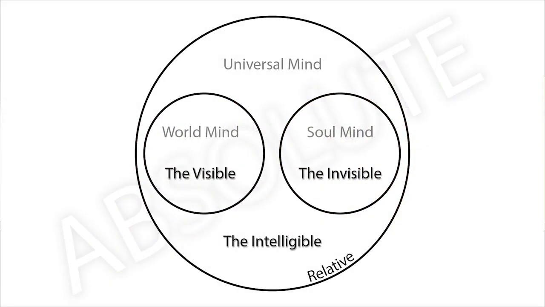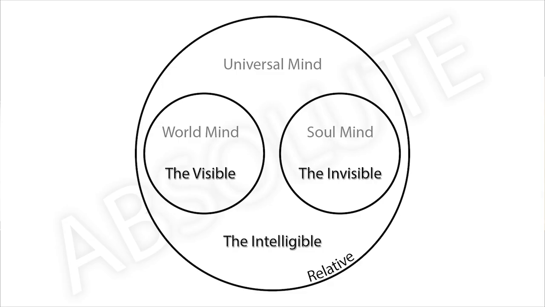In my simplistic way of putting it together, I look at the basic version of the map as comprising four components. We have this foundational layer that we spoke about in video 1, which is called the absolute. Then we have the first division, the first boundary, which is called the relative, like existence as we know it. Within that circle, the relative, we've got two other circles, a bit like a yin and yang.